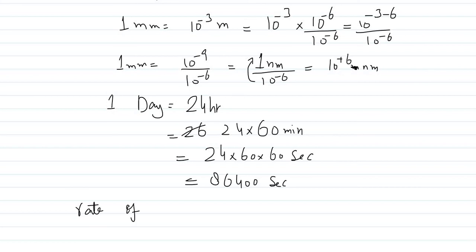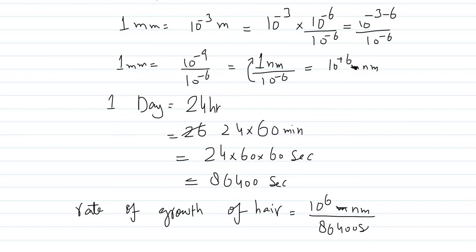The rate of growth of hair will be equal to 10 raised to power 6 nanometer divided by 86,400 seconds. When we divide, we get the answer, that is 11.57. You can calculate it easily by your calculator, nanometer per second.